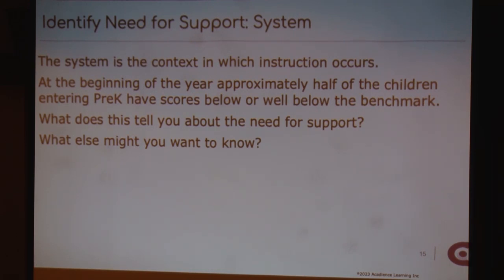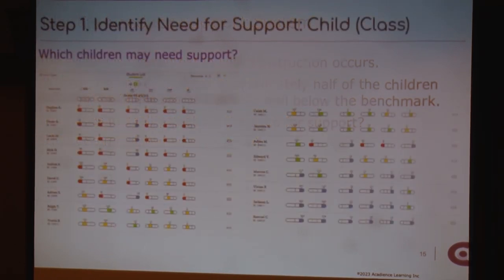This is indeed the composite score. And about need for support, it tells me, just looking at about half our kids, we may need to make sure that once we look at the skills, well, do we have supports for the teachers to do this, support kids in these areas? So those are systems level decisions.